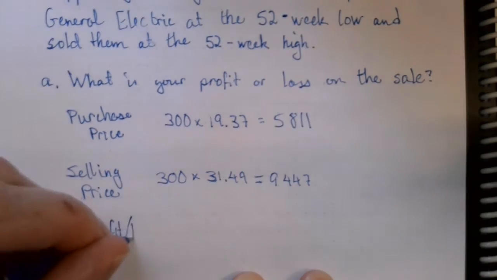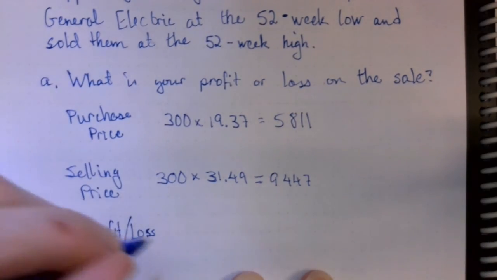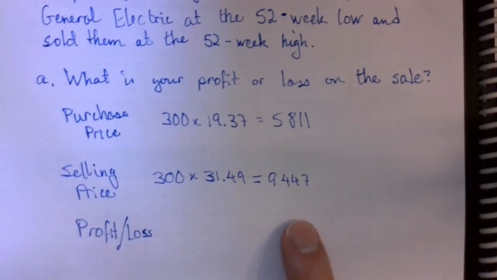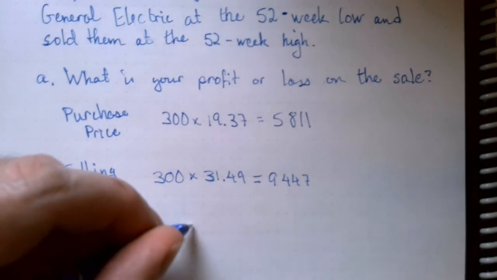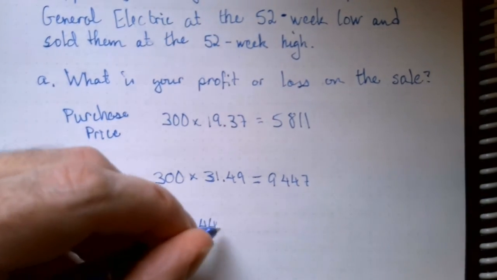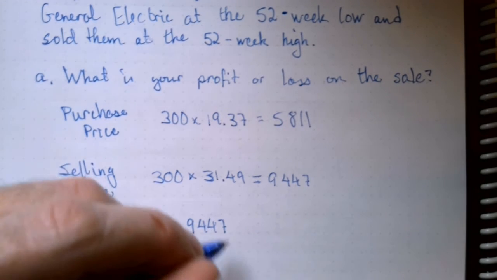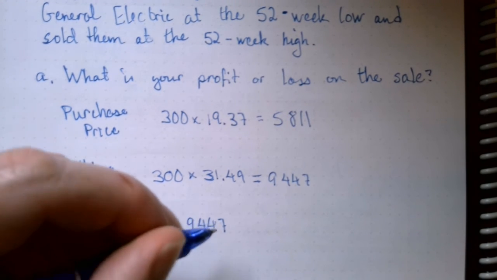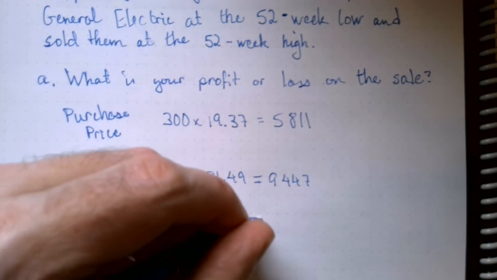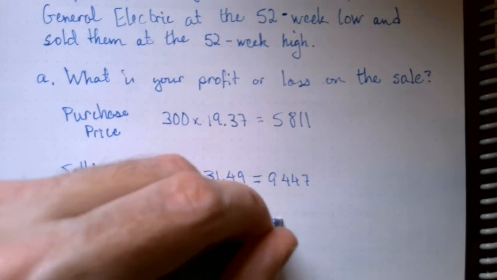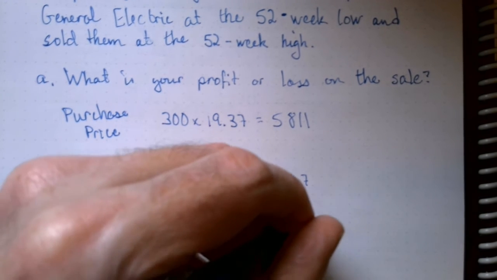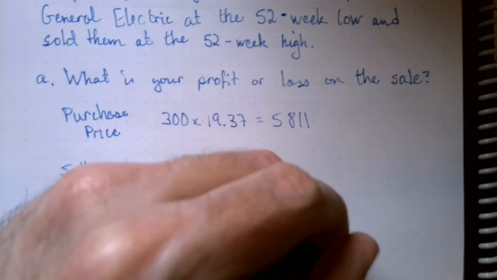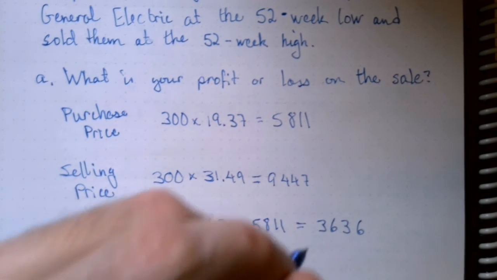Now we can figure out your profit or loss. You always have to take the selling price minus the purchase price. So we're going to take that $9,447 and subtract $5,811. And we're getting $3,636.